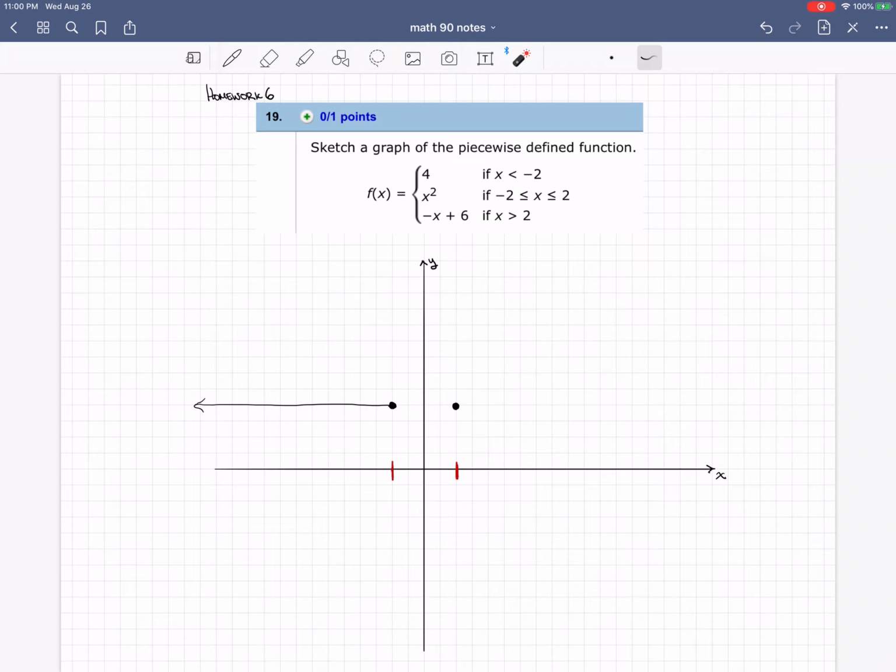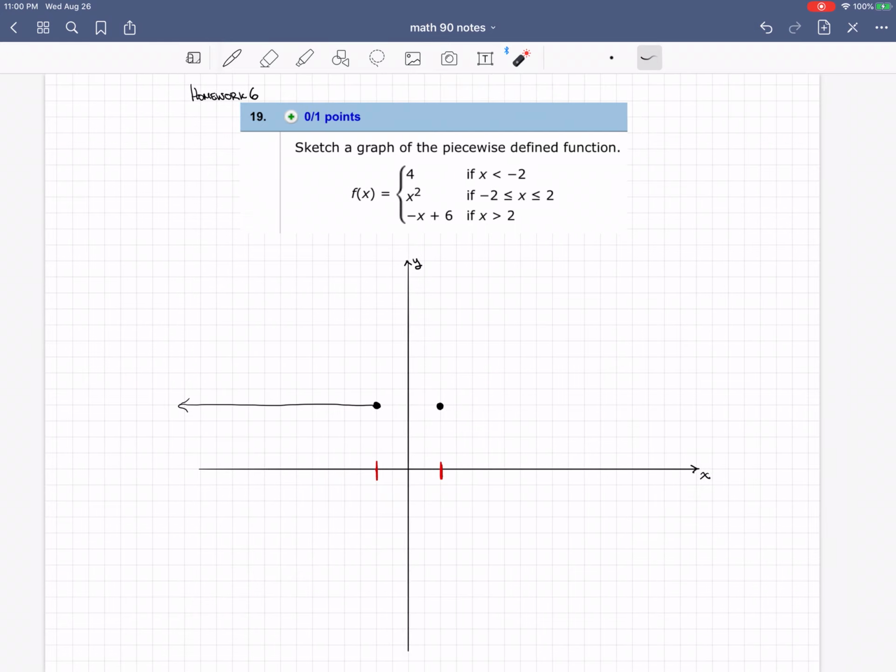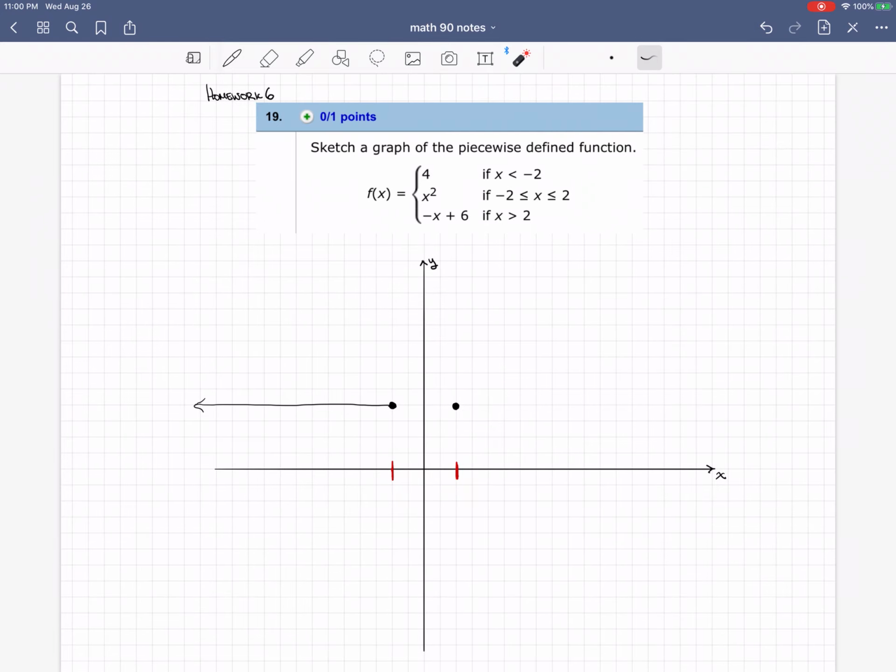All right, now x squared is quadratic, so I hope you remember from our basics of graphing video that the shape that you're expecting to see here is a parabola. So let's plot a couple more points. So if x is 0, 0 squared is 0. For both 1 and -1, when you square them, you get 1. And so you end up with a parabolic shape like so. Okay? And then lastly, -x plus 6, that's a linear shape.